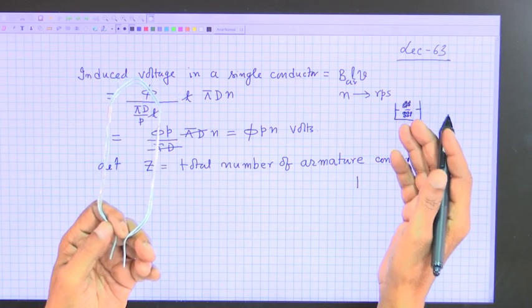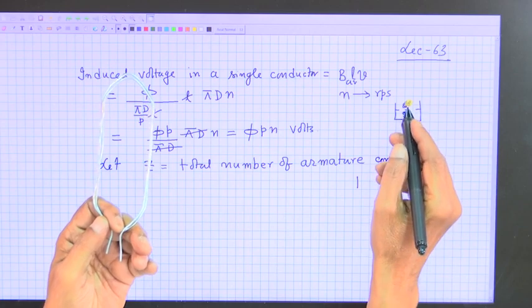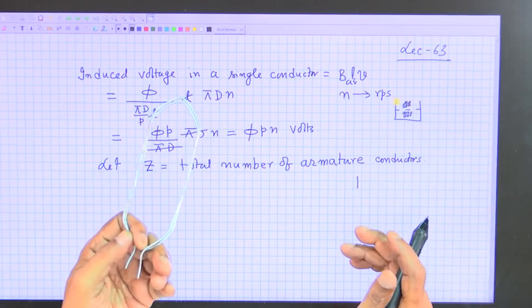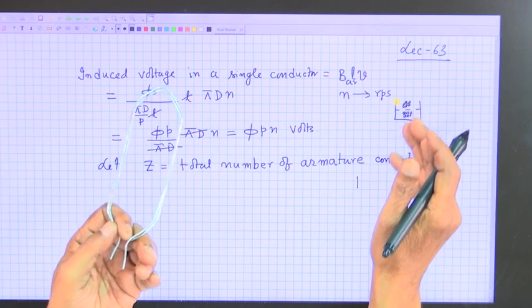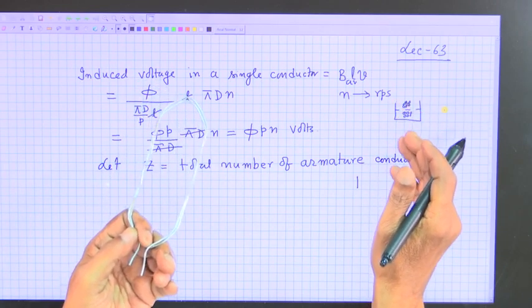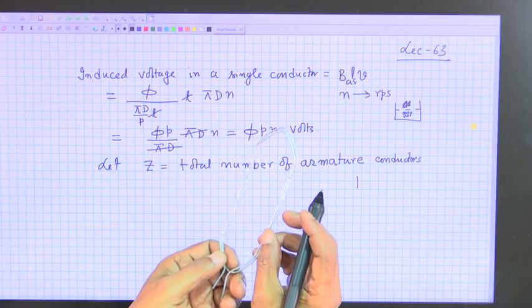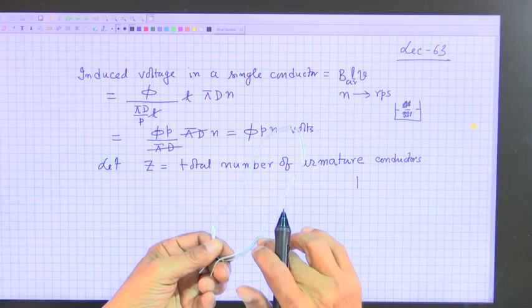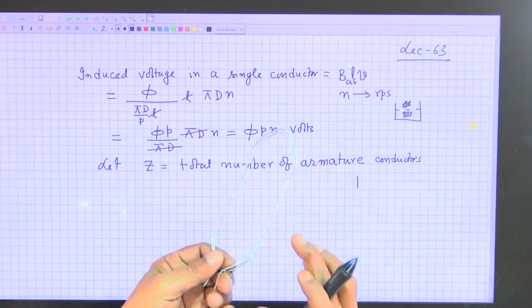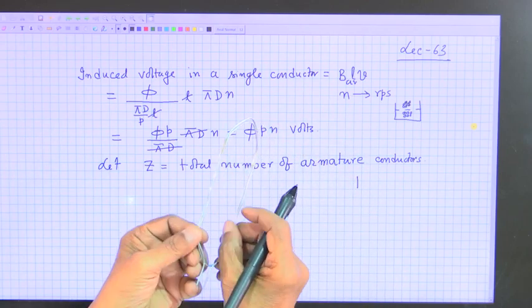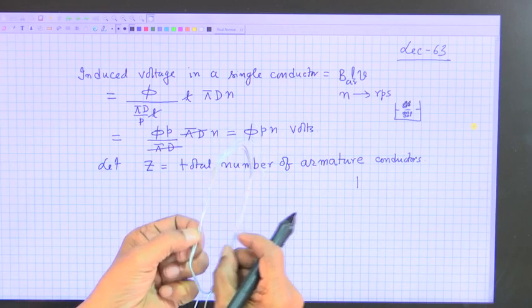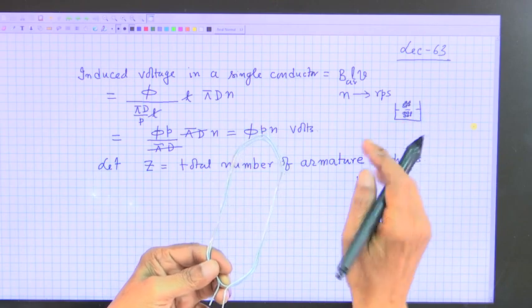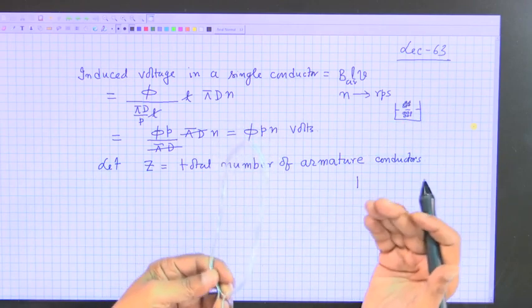So multiply each coil side with that multi-turn number. If it is a 2-turn coil, multiply with 2, then with another 2 for this one. So, total conductors means these conductors also, because they will become seats of EMF, having the same velocity and same flux density. All the coil sides in a particular slot will have the same voltage, B average L V.